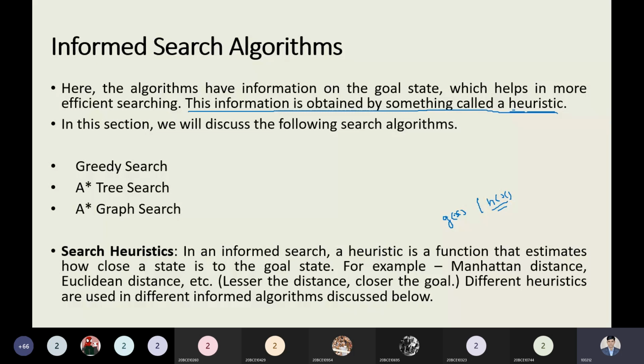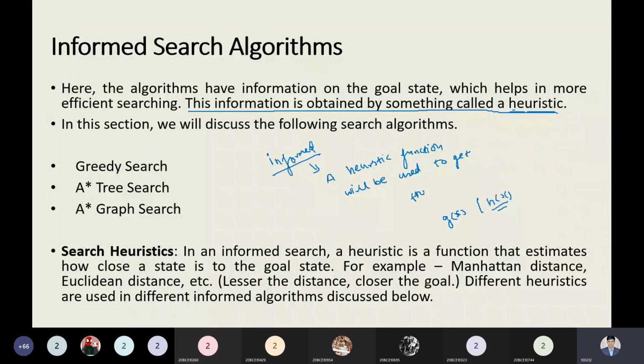So in the informed search, informed means a heuristic function will be used to get the information.